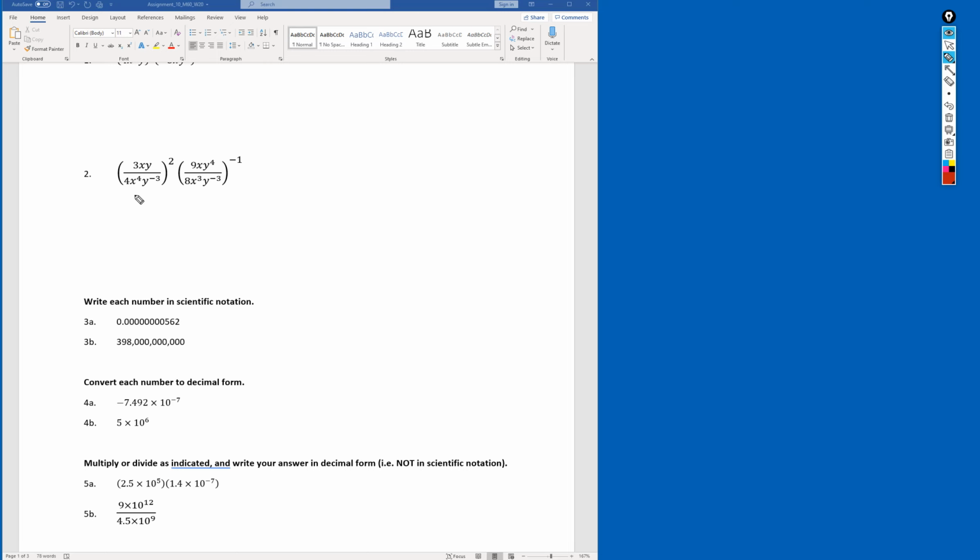So there's a number of different ways that you could start on this one. In hindsight, I think the easiest way before we deal with the outside exponents is to simplify the expressions within the parentheses. So for example, let's start by looking at the first parenthesis. We have 1x on top and we have 4 x's on the bottom.